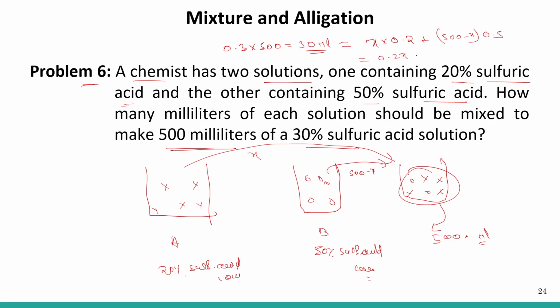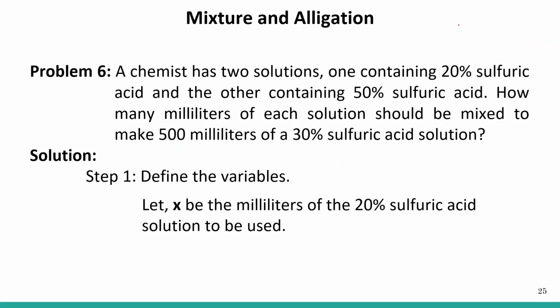So this is equal to 0.2x minus 0.5x plus, so it will be what? So 250. So this implies that what? So this will be minus 0.3x is equal to minus 100. Okay, so solving this further, we can derive that X is equal to what? So it will be 1000 by 3. Okay, so this much amount.